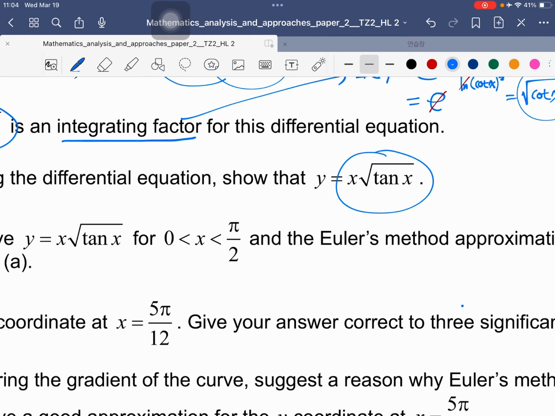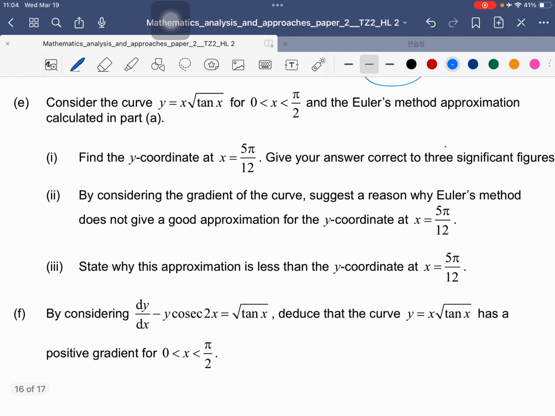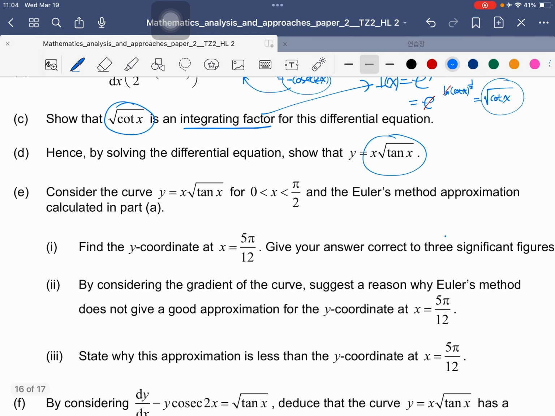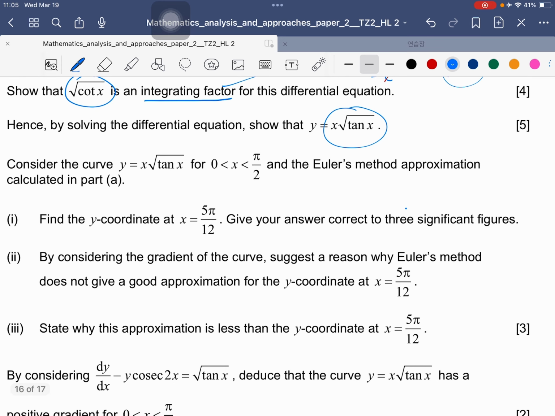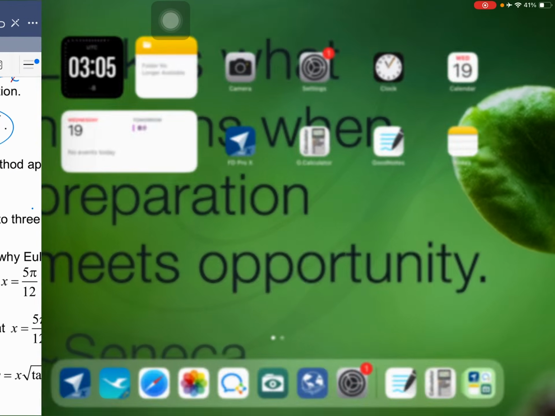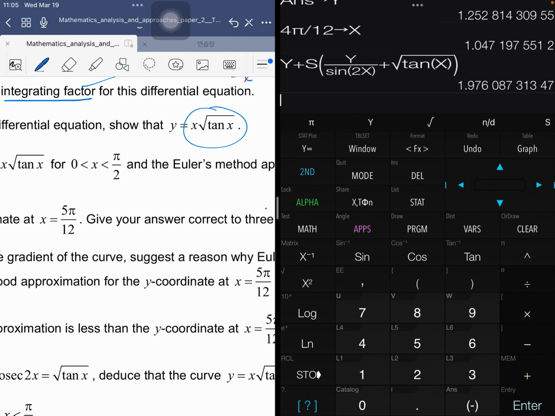So this is solved. Okay. Consider the curve y equals x square root of tangent x from x equals 0 to pi over 2, and the Euler's method approximation calculated from part A. Find the y coordinate of this one when x is 5 pi over 12. Give a correct answer. So we need to find the y coordinate.